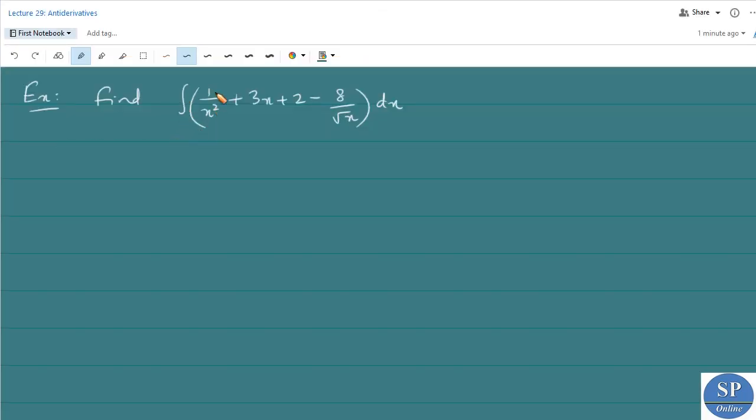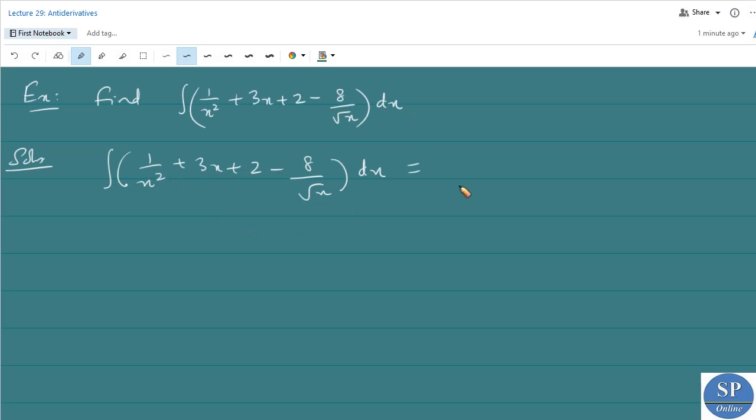Find the integral of 1 by x square plus 3x plus 2 minus 8 by square root of x dx. So we have to find the integral of this function. We have the integral of this function is equal to 1 by x square plus 3x plus 2 minus 8 by root x dx. So this is equal to, by some rule we can split this integral.